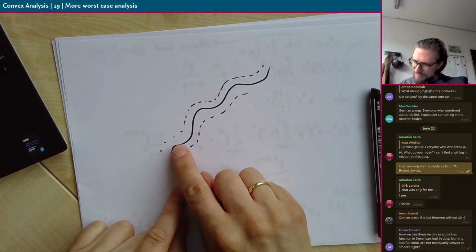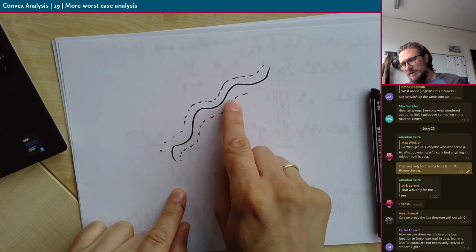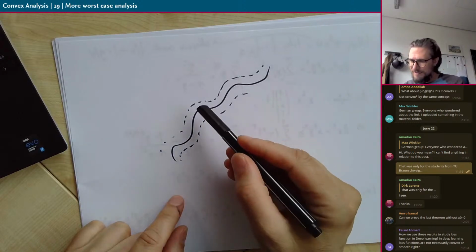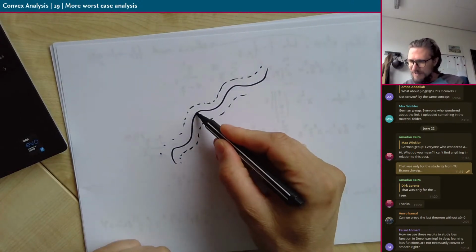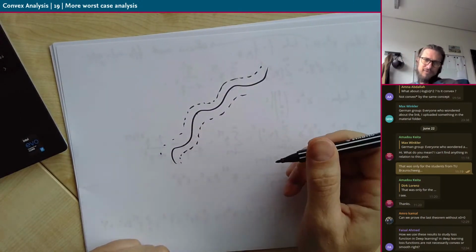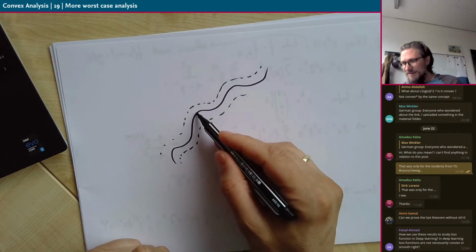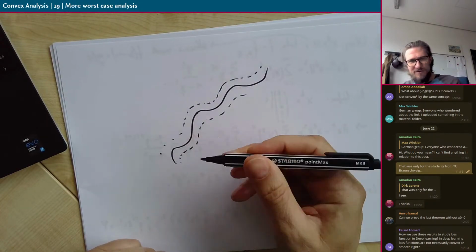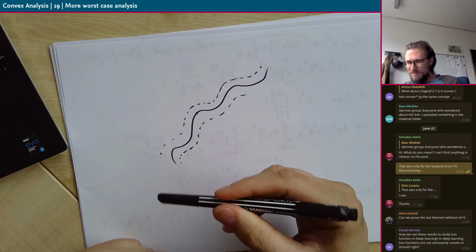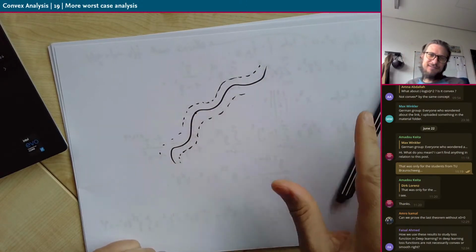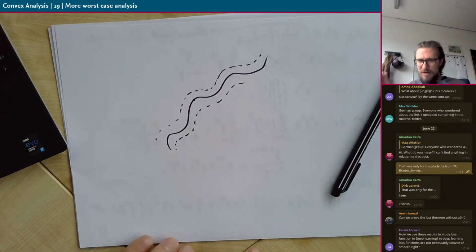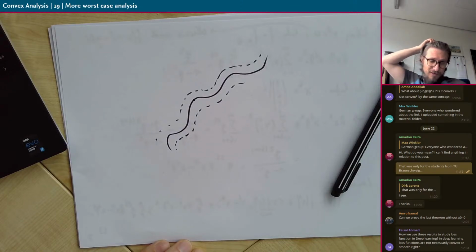But since the river is now curved, the function at this point is not locally convex around this point. It's not like this point has a neighborhood on which the function is convex, because of this curved nature. This may be how the loss landscape in deep learning actually looks.